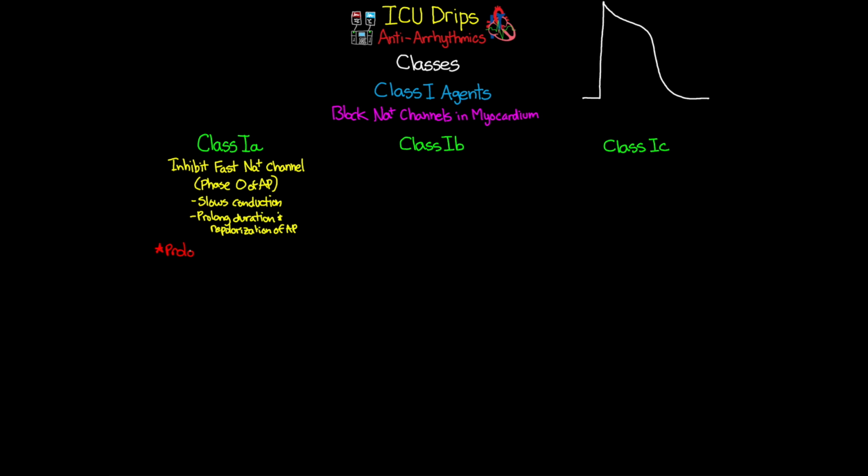Important to know though that these agents can actually cause complications such as prolonging the QT interval or depressing conduction and really promoting re-entry. So having a prolonged QT interval, basically greater than 500 milliseconds, increases the risk of R-on-T events, which can ultimately lead to either torsades, which is that form of polymorphic VTAC, or other potentially deadly arrhythmias.